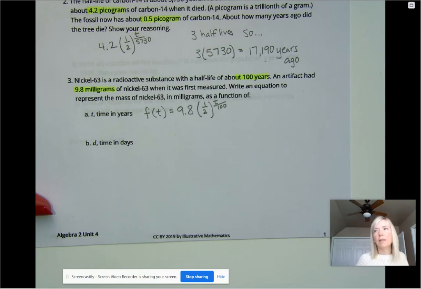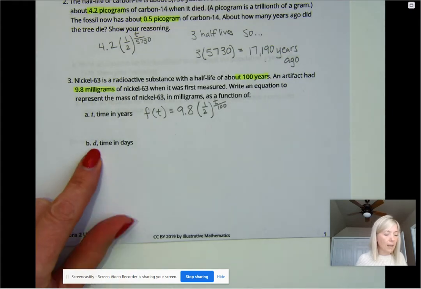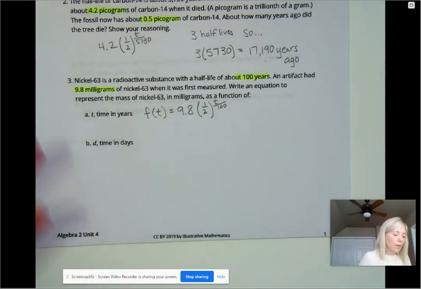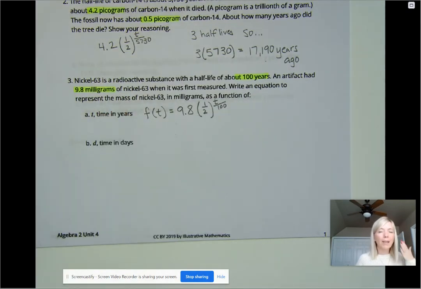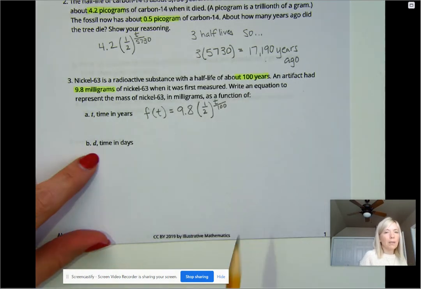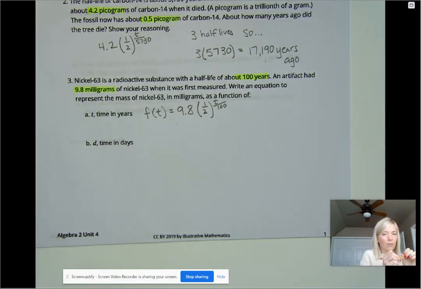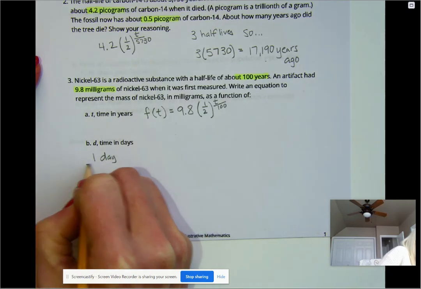The next one is, what if we use d, and d is going to be time in days? So this is a little bit each year, but how much is that going to be each day? Well, I know there's 365 days in a year. So out of the 100 years, each day is going to be 1 day out of 100 years.